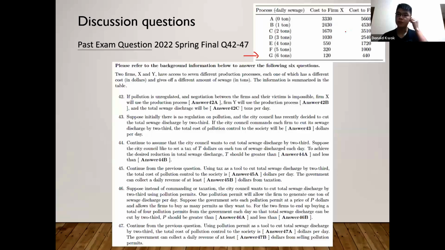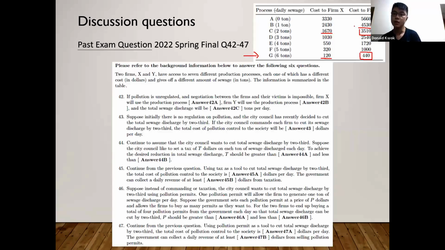Let's say from the perspective of firm X, originally it is using process G, incurring a cost of 120, but now it should use process C to incur a cost of 1,670. So the additional cost would be 1,670 minus 120 as the cost of pollution control to firm X. On the same token, we do something similar for firm Y. Originally, it is using process G with a cost of 440, but now it is using process C. The cost is 3,510.